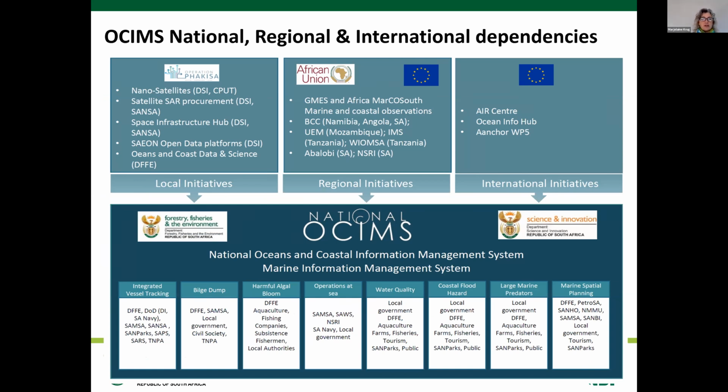And now we're entering a second phase of OSIMS, and we're bringing other partnerships with the South African Weather Service, and of course, all the existing relationships are continuing with different departments, such as the South African Maritime Safety Agency, for example.